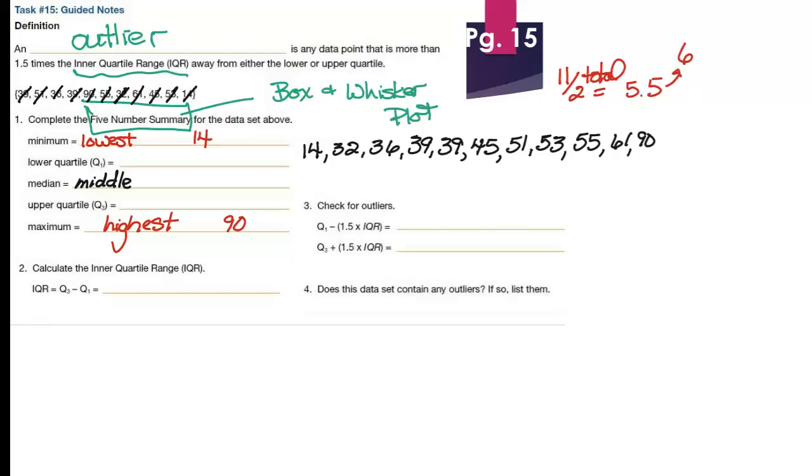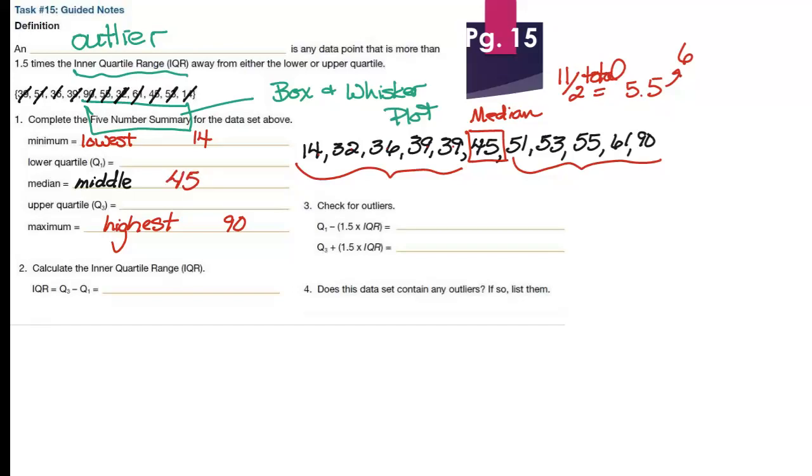So the sixth one. So 1, 2, 3, 4, 5, 6. So 45 is the median, but you want to make sure you have the same number on either side of it. Now, if you have 2 middle numbers, like we said before, you add those together and divide by 2. But here we only have 1. So the median is the middle, which is 45.